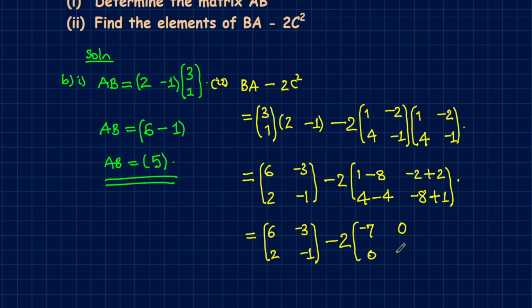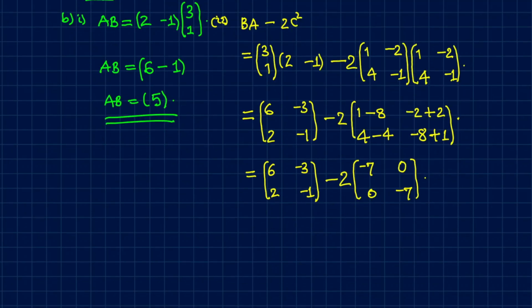The same thing goes to negative 7. Now from here, we need to open up the multiplying, remember, we're still working on BA minus 2C squared. So let's maintain our first result as we multiply the second matrix by the 2 here. Let's maintain the sign and only multiply with the number. The sign will come in the result of subtracting.